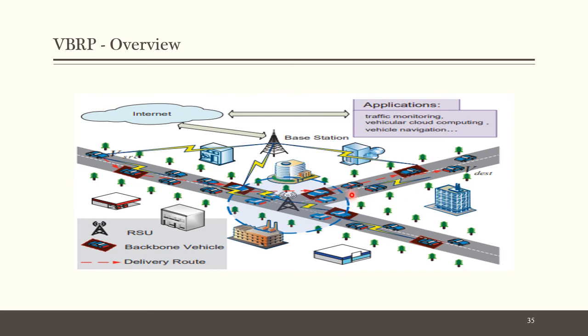Now this segment contains the source node and destination node, so the RSU will transfer data to this backbone node, and then this can transfer data to this backbone node, and then the data can be transferred to the final destination. So here you can see why we need the RSU, because at the intersection the decision is made through the RSU. So the RSU is a must for this protocol, which limits its ability.